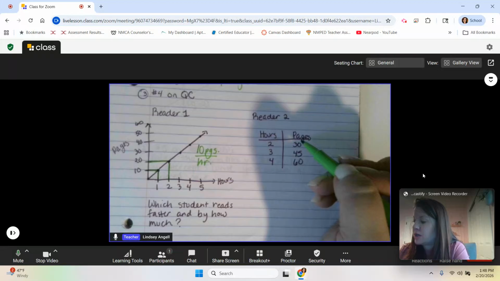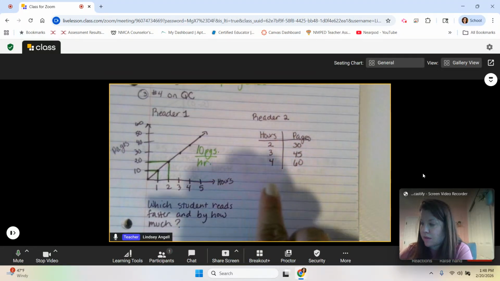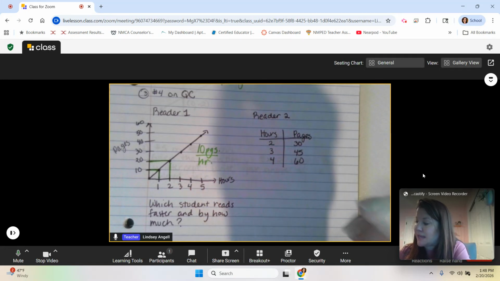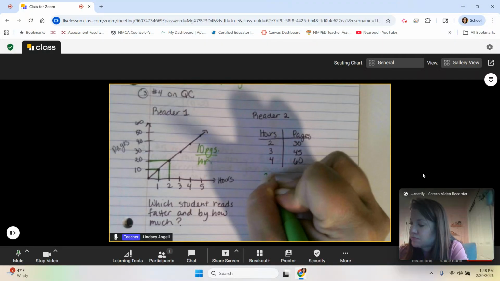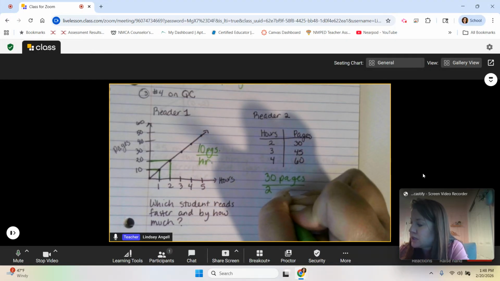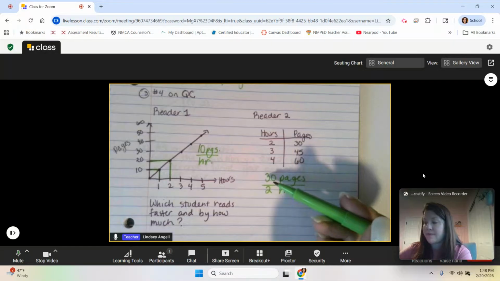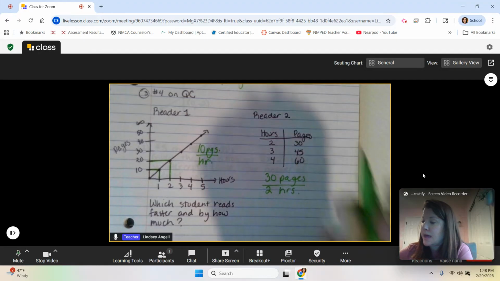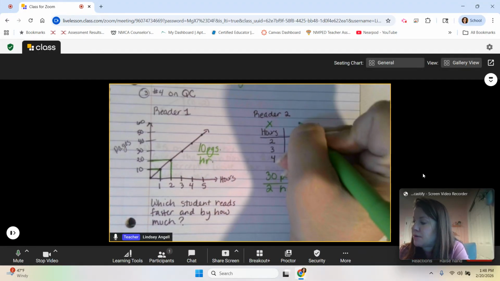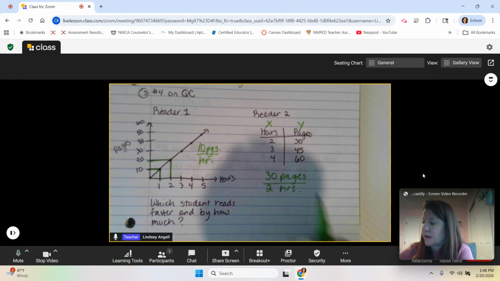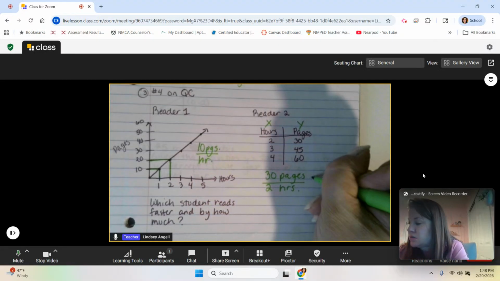Over here for reader 2, we're not given the value for 1. So we can use that method, though, of taking our y value. We've got 30 pages in 2 hours, so taking our y value and dividing it by the x value, okay? And in an input-output table, it's always x comes first and then y, and so that holds true as well. So 30 divided by 2 is 15.